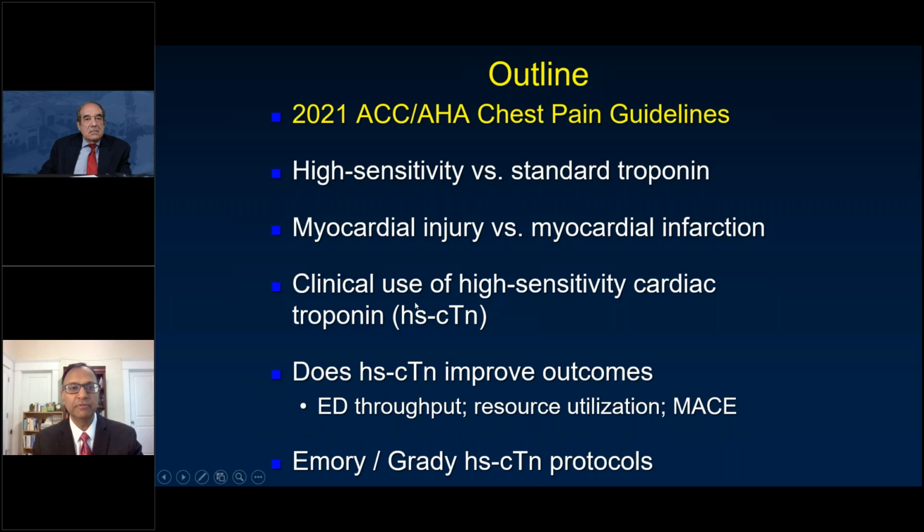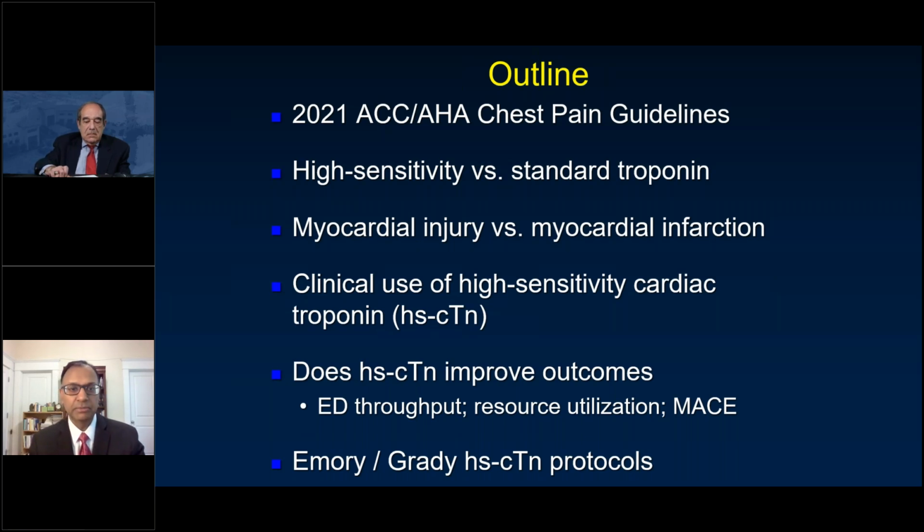So this is our outline for the talk. We'll first go over the recent 2021 ACC-AHA chest pain guidelines, and then go into high sensitivity versus standard troponin.